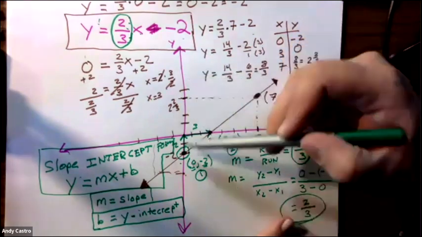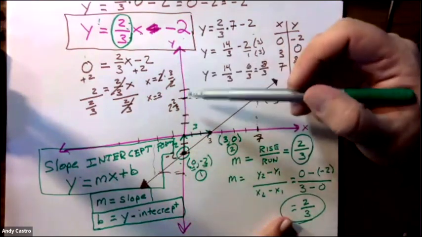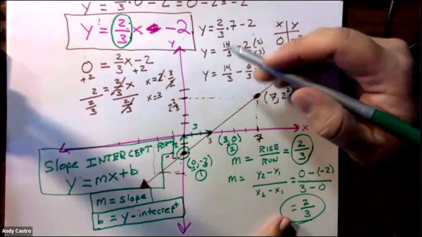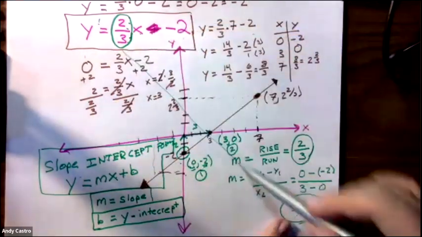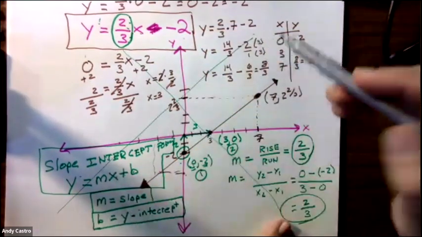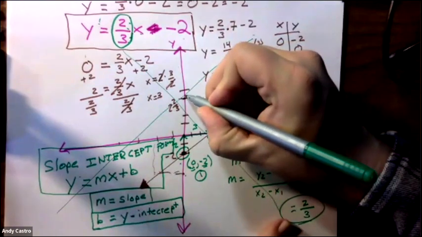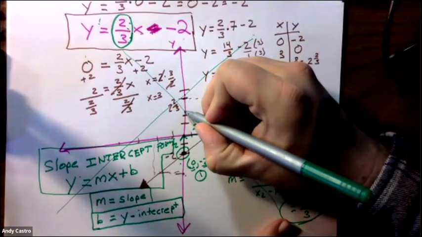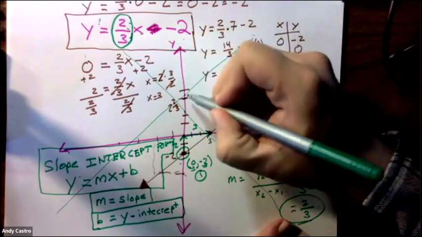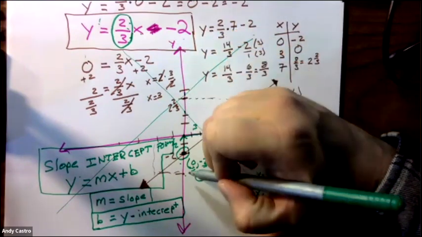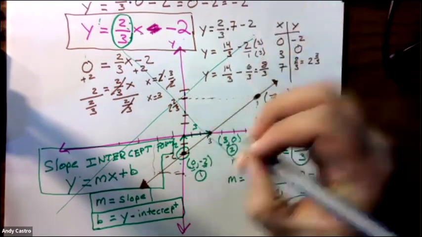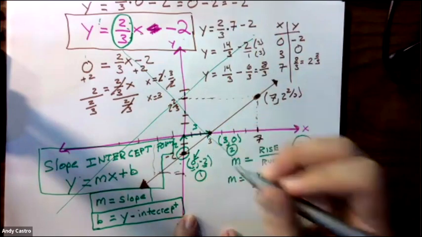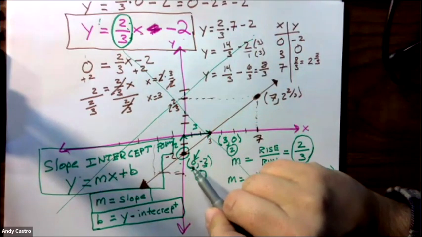Now, for any line in the universe, no matter which direction the line is going, no matter where the line is, there's always going to be a point at which it crosses over the y-axis. And at that point, the x component will always be 0.